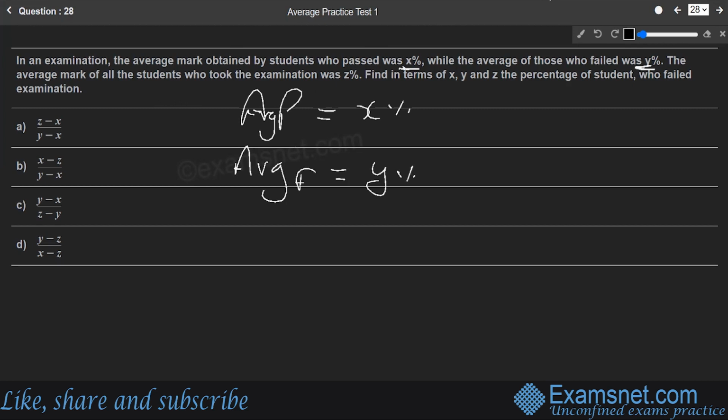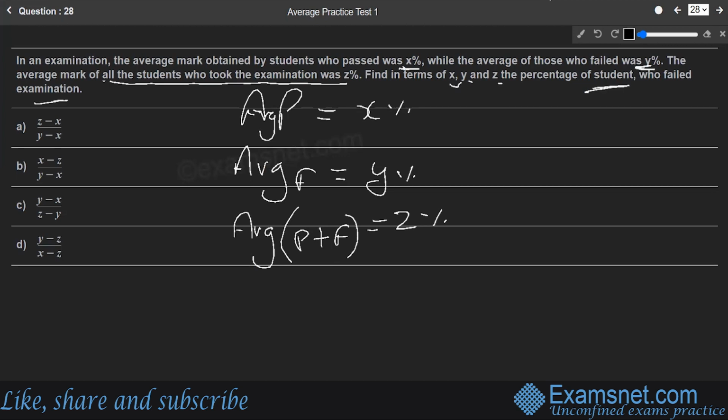Then they ask for the average marks of all the students who took the examination. Average of all means pass plus fail, let's say Z percent. Find in terms of X, Y, and Z the percentage of students who failed the examination. So we are supposed to find the percentage of students who failed in terms of X, Y, Z only. That is the ultimate question.